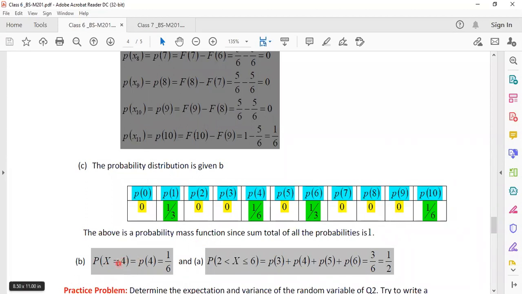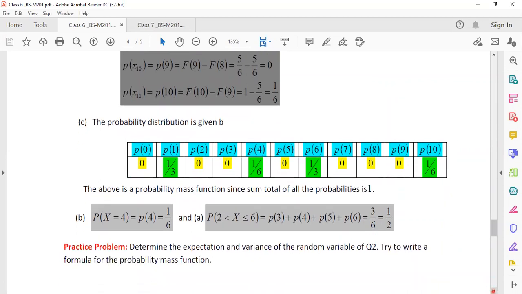Like when x takes the value 4, it is clear from the chart, it is 1/6. When x lies between 2 and 6, it is P3 plus P4 plus P5 plus P6, and so on. So from what we have learned from the distribution function, very easily we can calculate the probability mass function, and we can calculate the different probabilities.